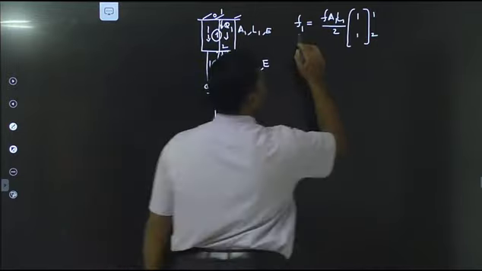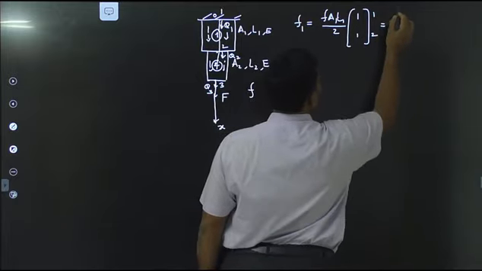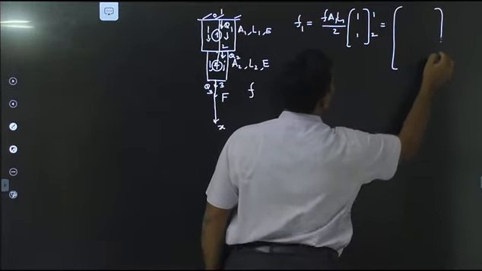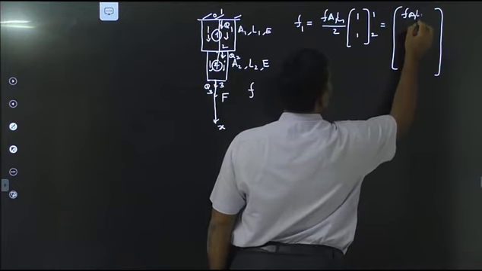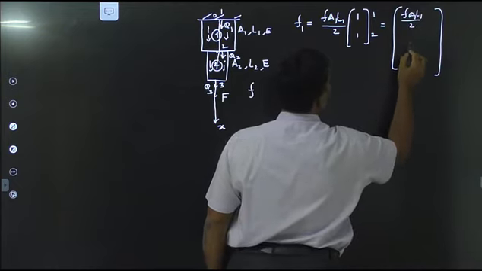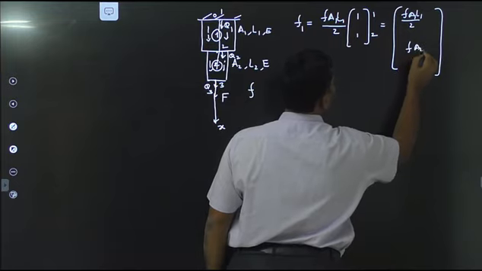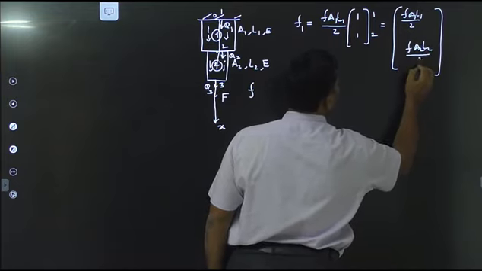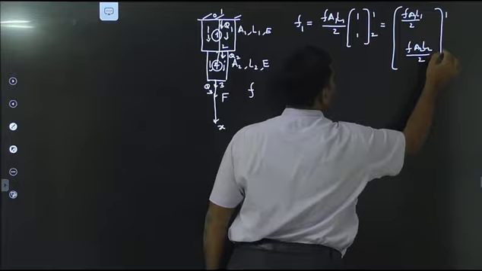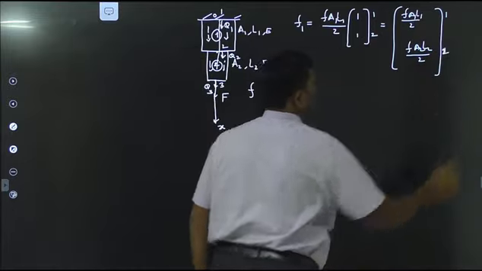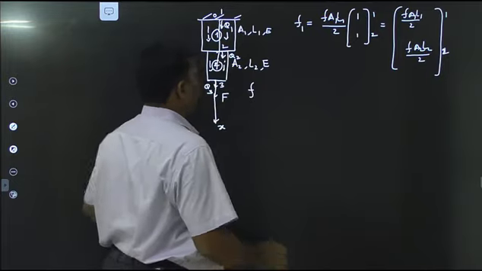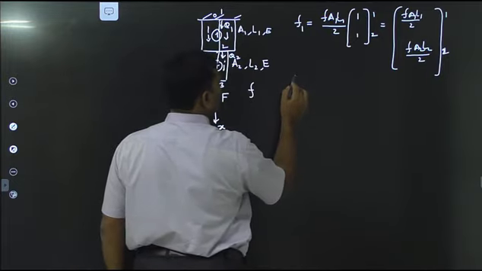Now if you take this inside, then what you get? You get a column matrix, very simple. F A1 L1 by 2, F A2 L2 by 2. And these correspond to first and second degrees of freedom. Next, for second element, what is the element body force vector?